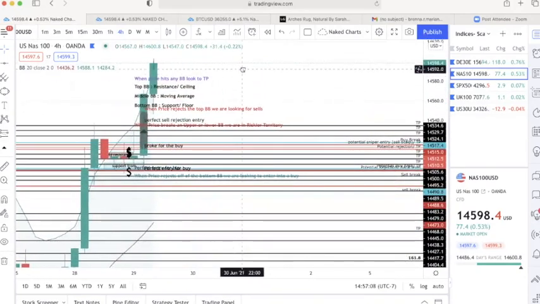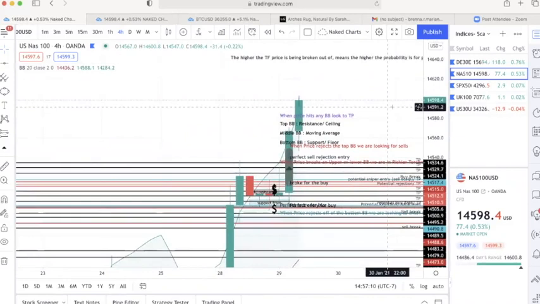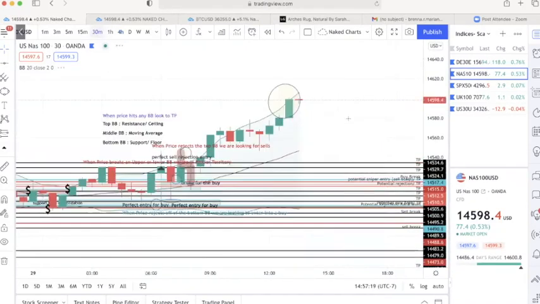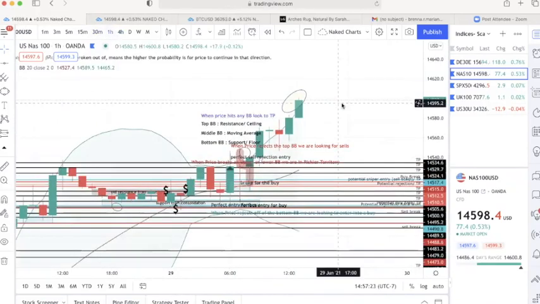But until we safely enter back inside the Bollinger Band on the higher time frames, we're probably going to continue until we get any clues letting us know we're going back down on a higher time frame. We're going to know that price is probably continuing in an uptrend, right?